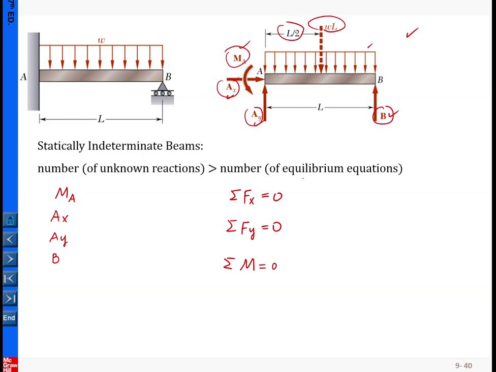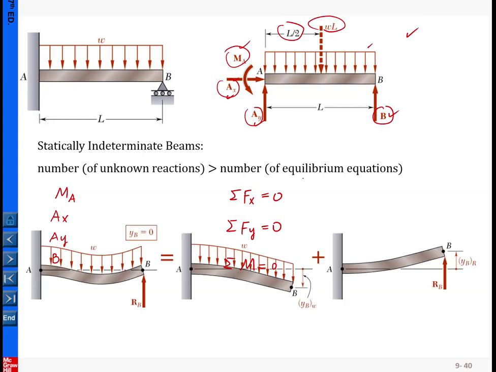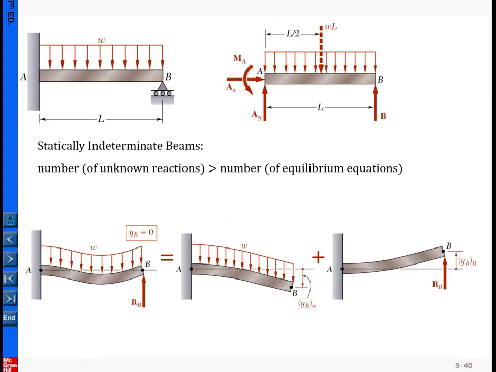So here we're going to look at how we apply the superposition principle. The way we can try is this: you pick one support. For this problem, we have one additional unknown beyond the number of static equilibrium equations.